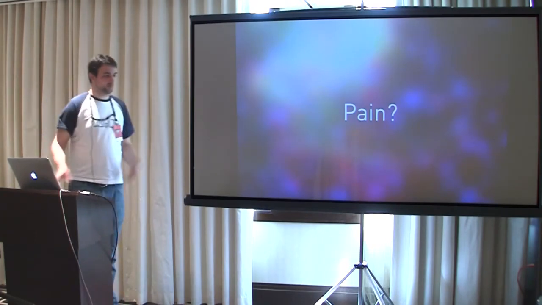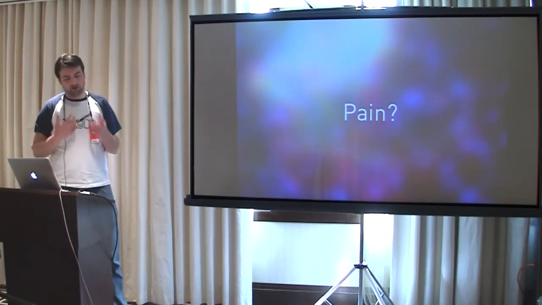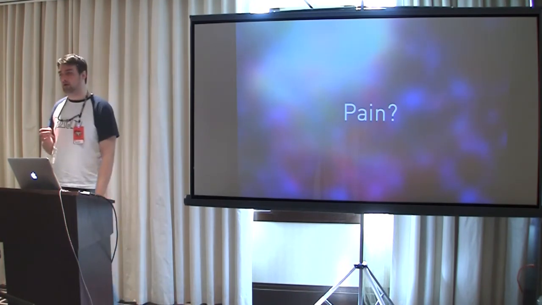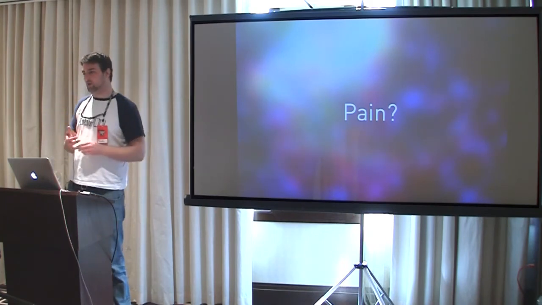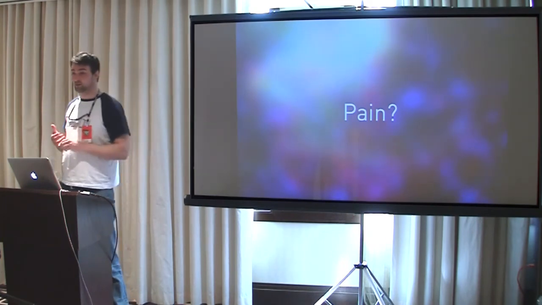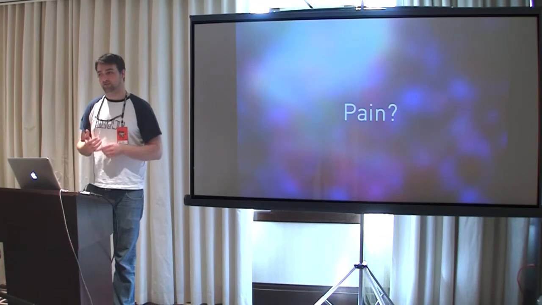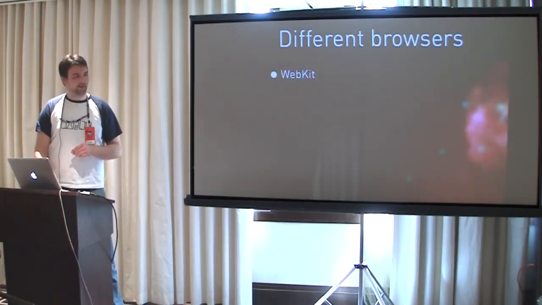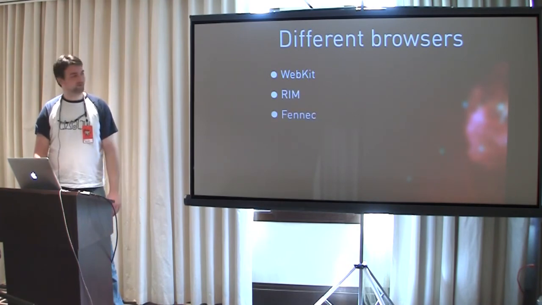So what really felt hard was developing for all these different devices. We're not just talking about high-end devices like iPhone and Android. We're also talking about BlackBerry, Windows Mobile and Nokia devices. They don't have so much power. What really was a pain was supporting all these different browsers.